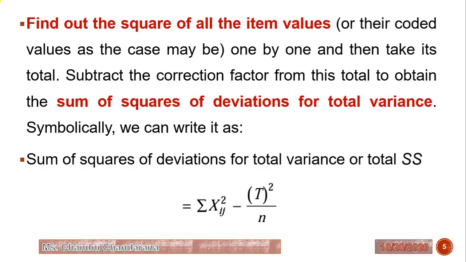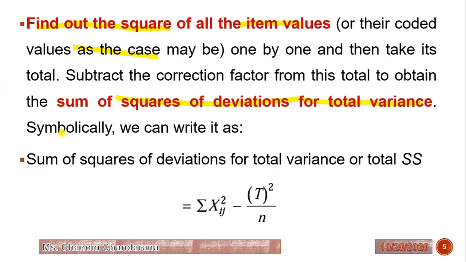Now after that, the next step is to find the square of all the item values, or coded values. One by one we find the square of the item values and then take the total. Subtract the correction factor from this total to obtain the sum of squares of deviation for total variance.